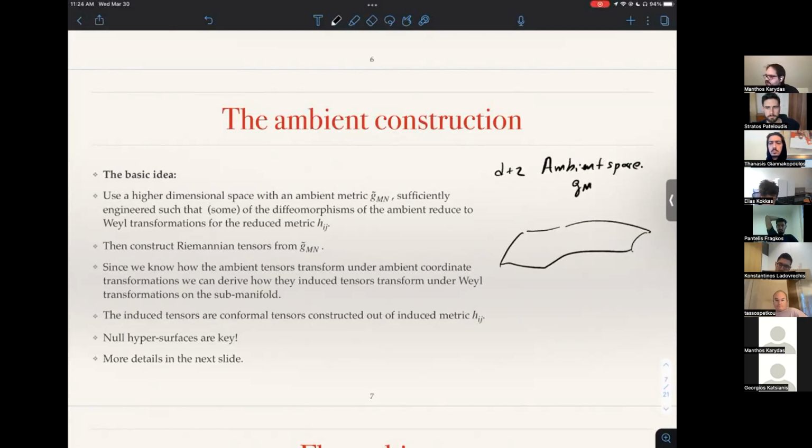The ambient space will have a metric, G tilde MN, and we take a hypersurface in this space, which induces an induced metric, h_ij, on this hypersurface.